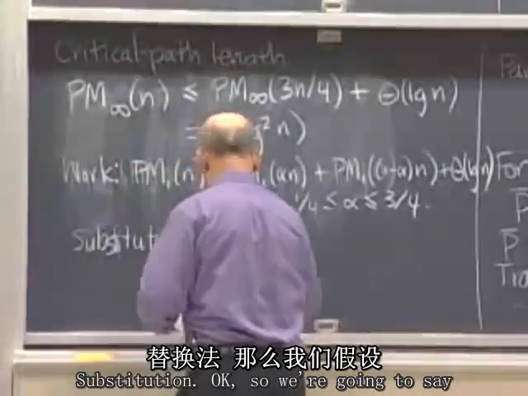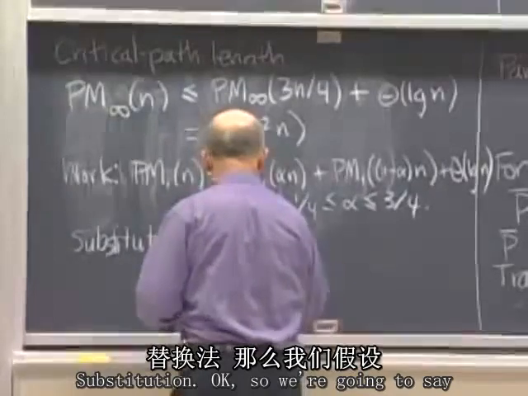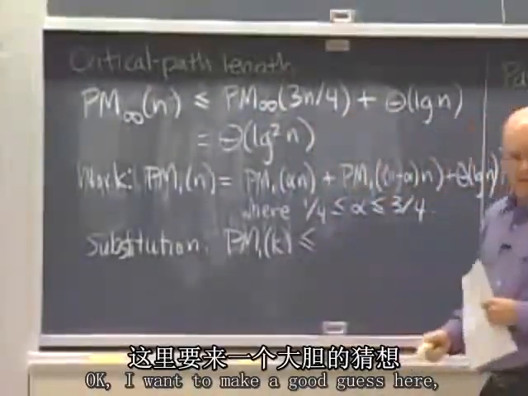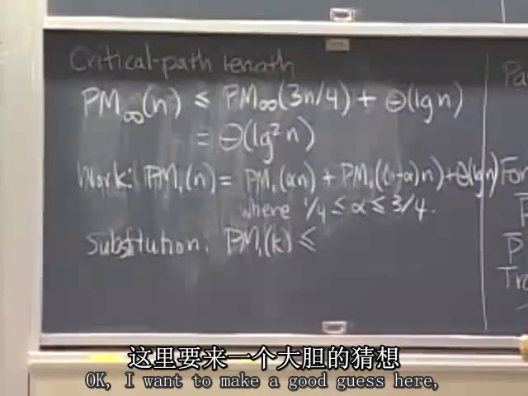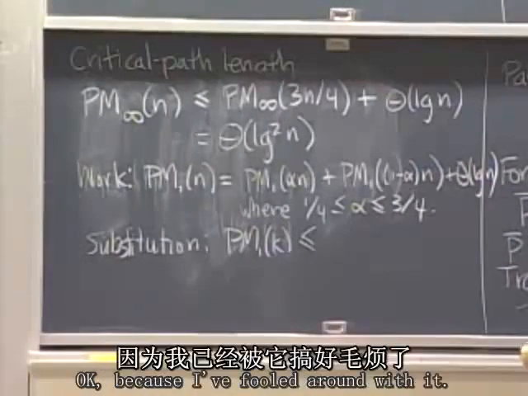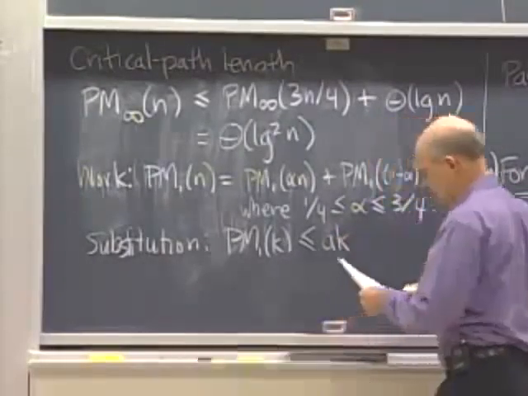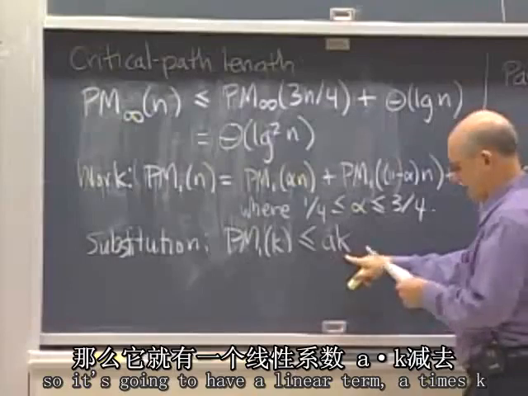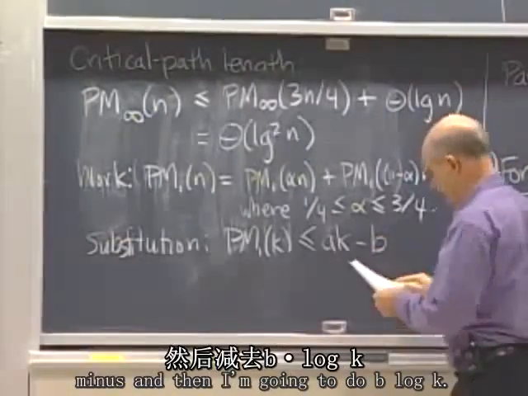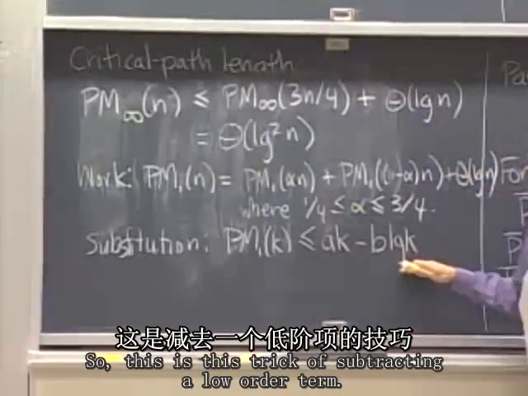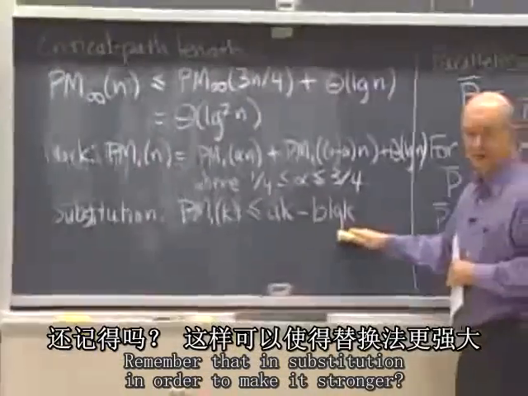So we're going to say P m 1 of k is less than or equal to, okay, I'm going to make a good guess here, because I fooled around with it. I want it to be linear, so it's going to have a linear term, a times k, minus b log k. So this is this trick of subtracting a low-order term, remember that, in substitution in order to make it stronger.